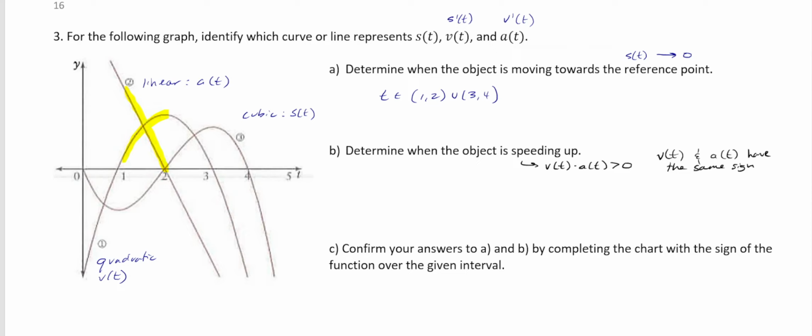They're both positive. So t is an element of 1 to 2. Let's see if there's another region of the graph in which they both have the same sign. Okay, let's look from 2 to 3. From 2 to 3, the linear function is negative, but from 2 to 3, the quadratic function is positive, so that's not going to work.